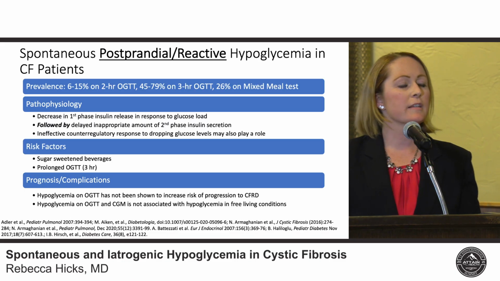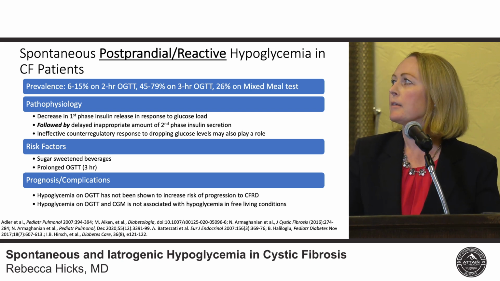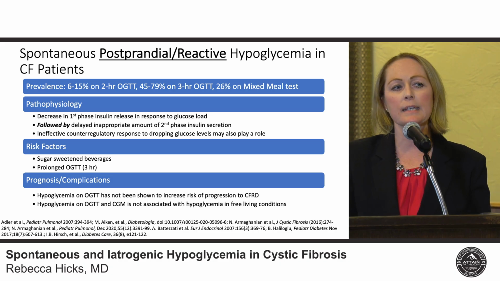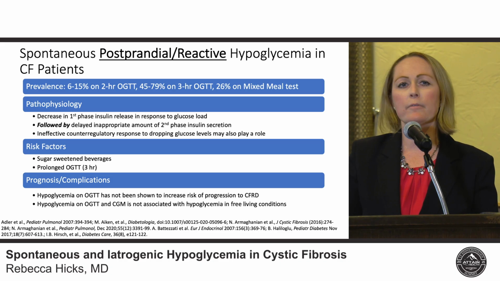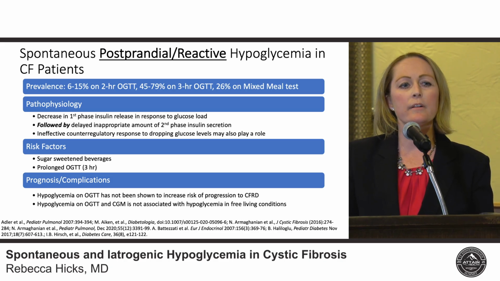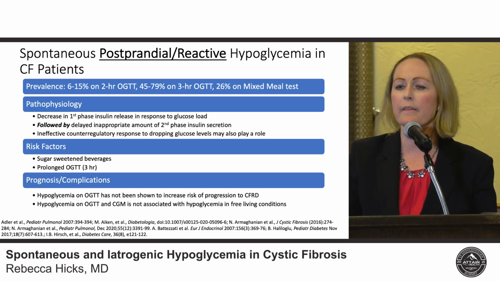Switching to spontaneous postprandial or reactive hypoglycemia in CF patients, the prevalence has ranged from 6 to 15% on 2-hour OGTT. And when the OGTT is extended to 3 hours, between 45 to 79%. And recently there was a mixed meal tolerance test with incidence or prevalence of 26% on that.